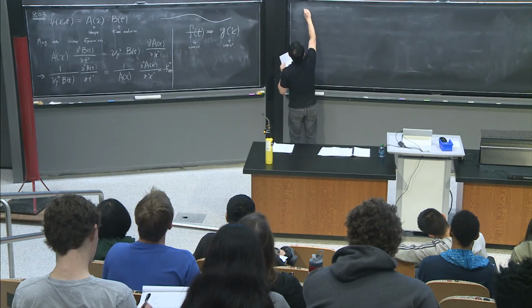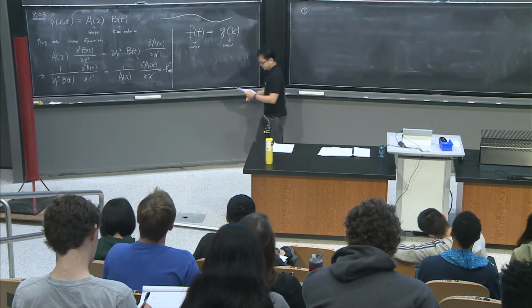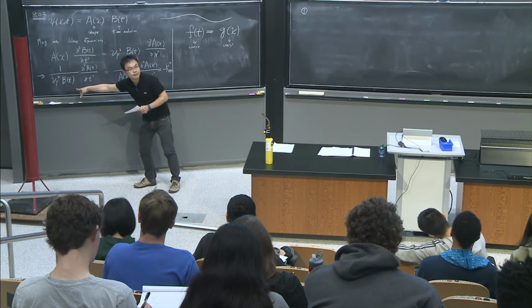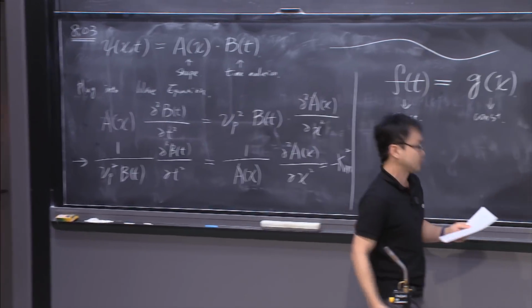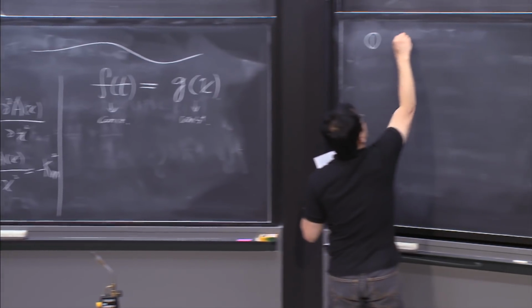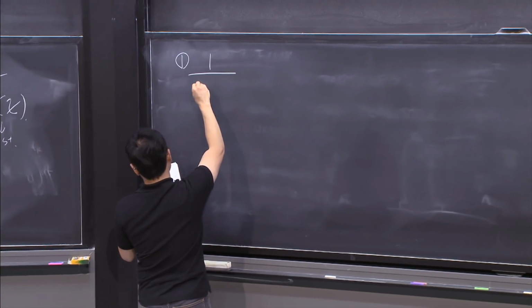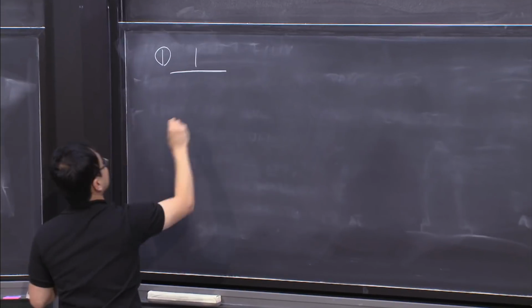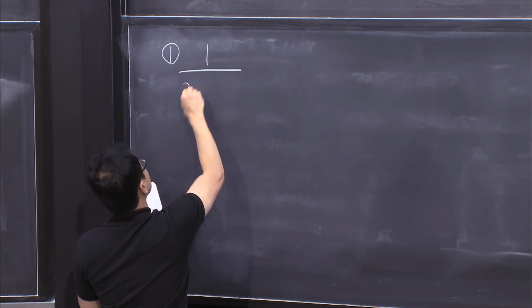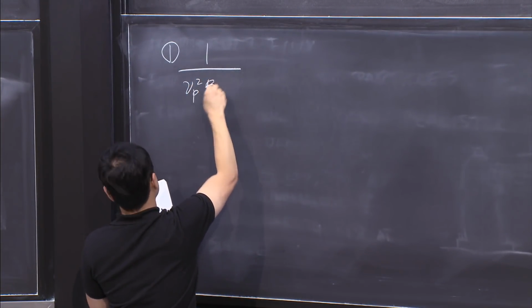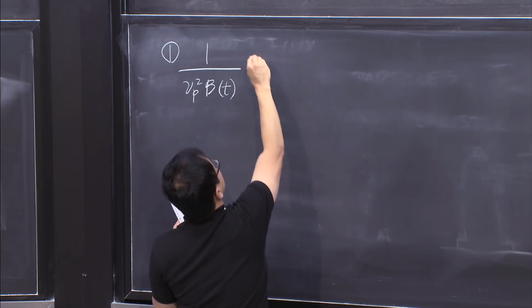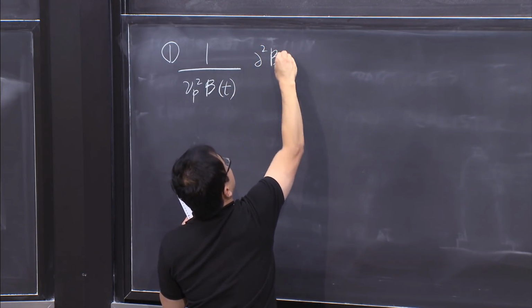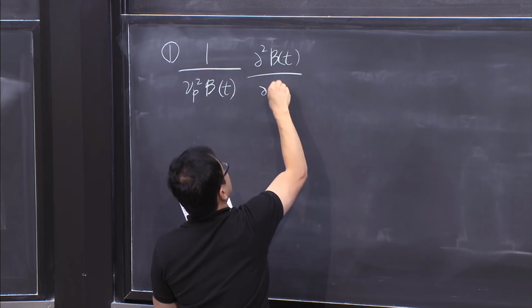So the first thing, if I take the left-hand side, which is the time dependence part, I can copy the equation here. It's 1 over vp squared b of t, partial squared b, partial t squared.